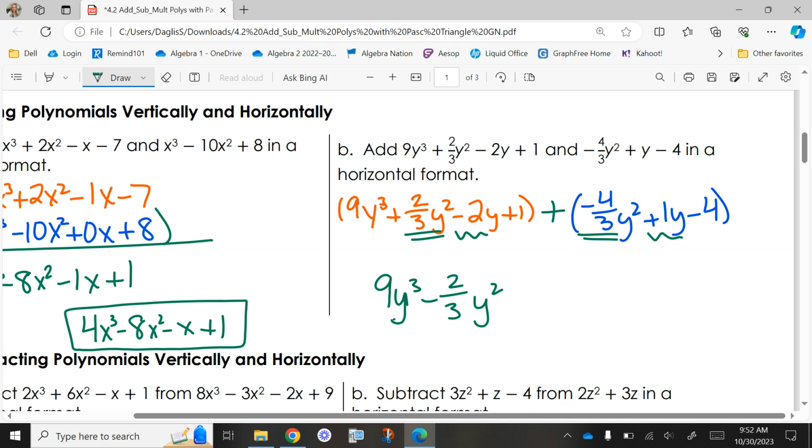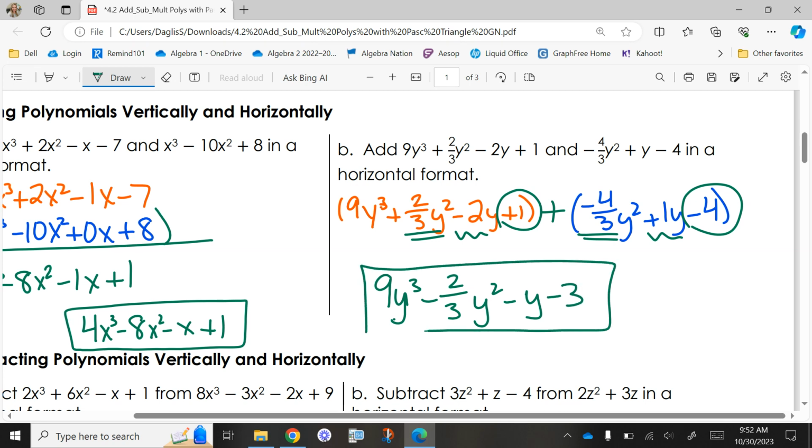So negative 2 plus 1 gives me negative 1y or negative y. Good. And then we have 1 plus negative 4, which is 1 minus 4, negative 3. Like that. Okay. Familiar? Yes? Okay. If I'm going too fast, let me know.